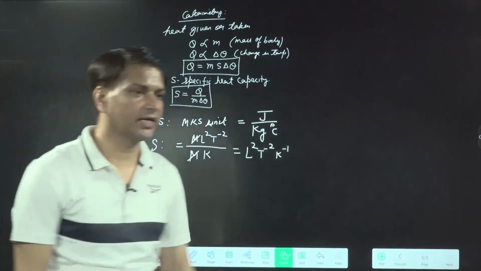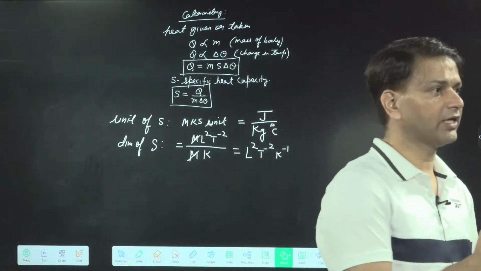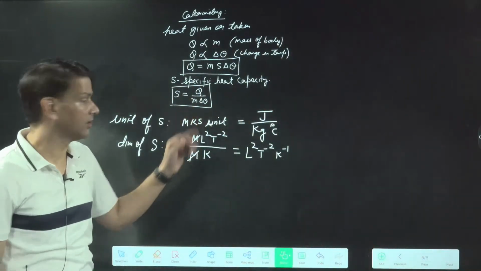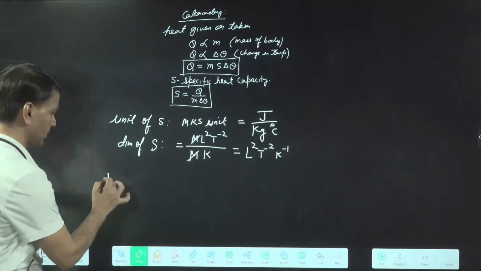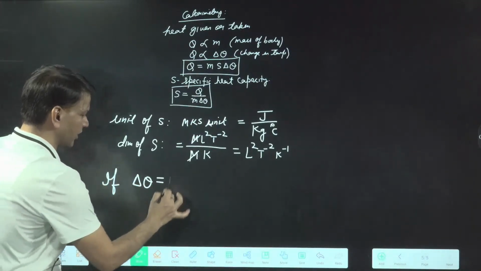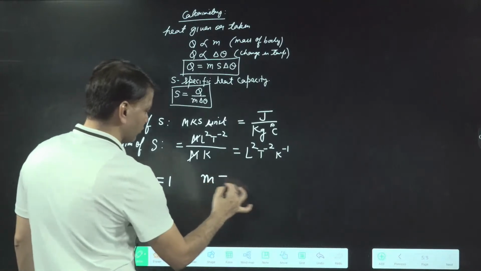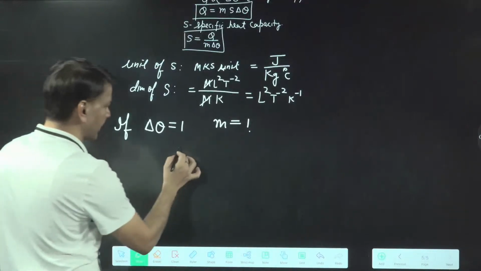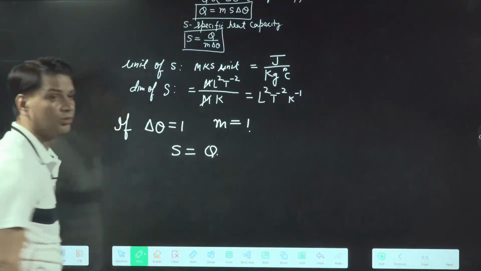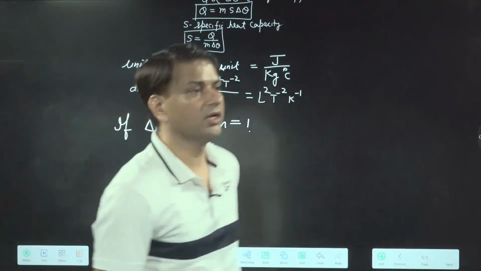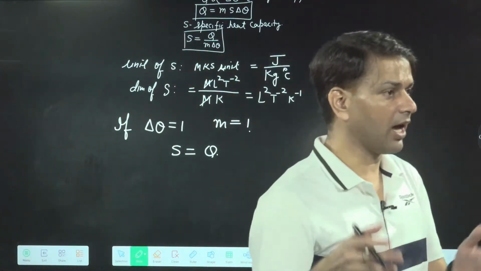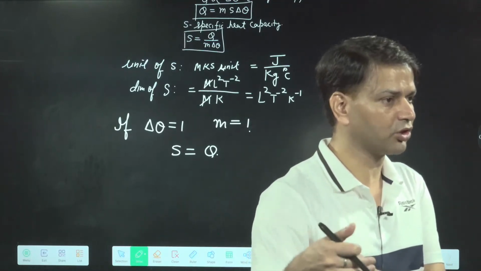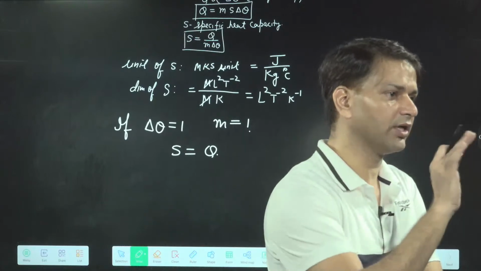So how can we define S? We can define specific heat capacity by the amount of heat required. If delta theta is equal to 1 and m is equal to 1, then S is equal to Q. So what is the definition? Specific heat capacity is the amount of heat required to raise the temperature of unit mass of a body by unit degree.